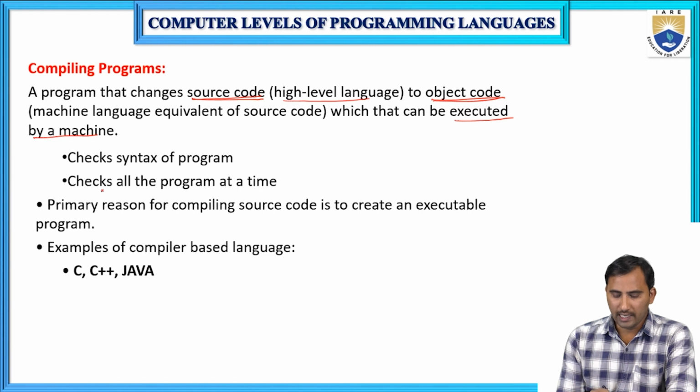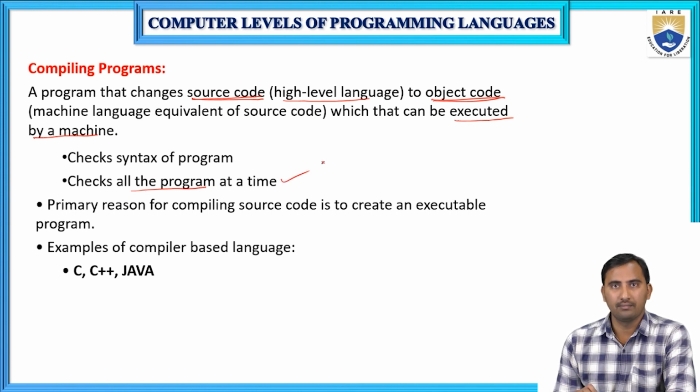It checks the entire program at a time. Initially it checks for any syntax errors. If any syntax errors are there, the compilation will not be done. The compilation is done only when we have error-free code.